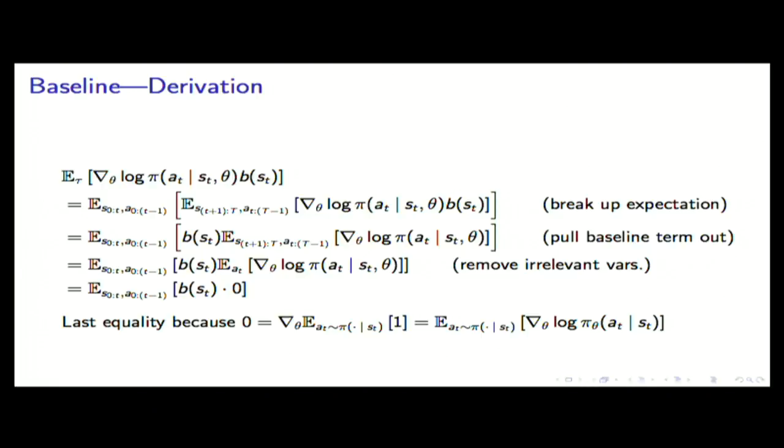In this expectation, the only relevant variable is a sub t. That's the only random variable that you need to sample to compute this grad log probability. And this expectation of grad log probability equals 0. The reason is, consider the expectation of 1, which is obviously just the constant 1.